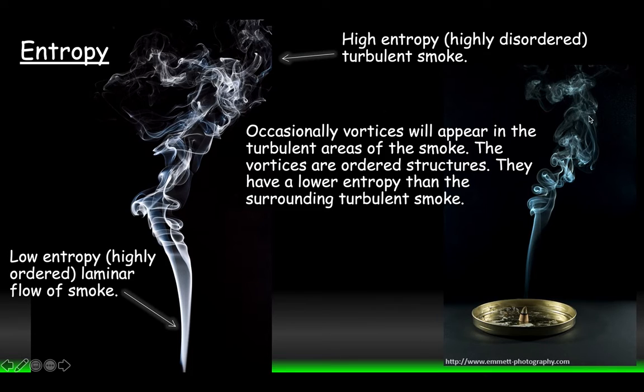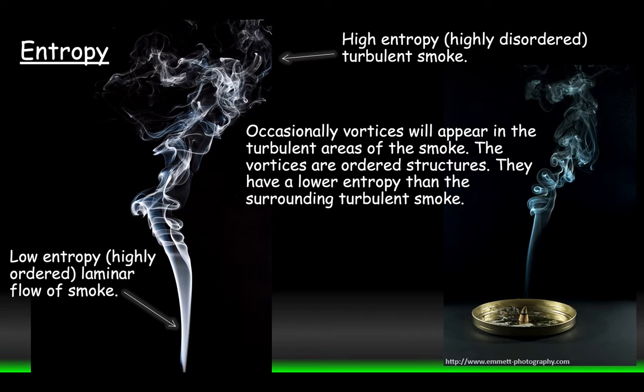Occasionally, you might see vortices appear. So a vortex is a spiral motion of the smoke particles. And even though we have a really high turbulent motion of all the smoke particles and a very highly disordered region way up here, the vortices are actually ordered structures.